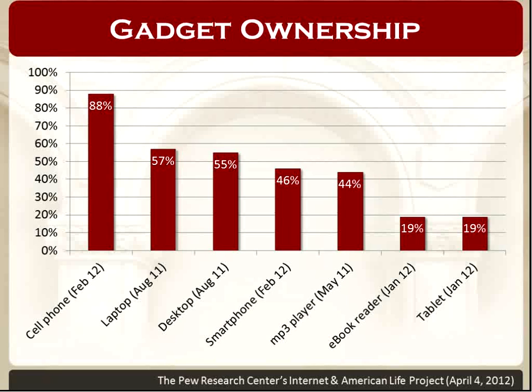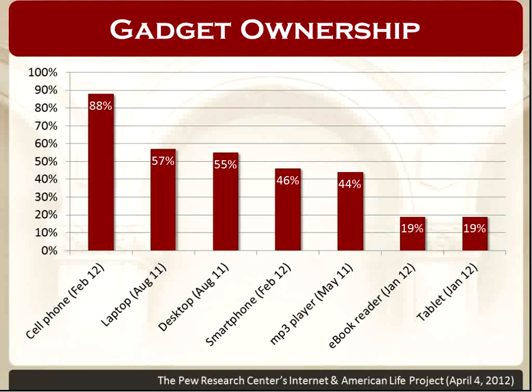Ebook usage is really driven by gadgets. So here are the 7 most common gadgets or technology used to read an ebook. And this is straight ownership percentages. Of the individuals surveyed, what percentage had these devices, along with the years that the survey was conducted, because these came up in different of the Pew Center's research studies.